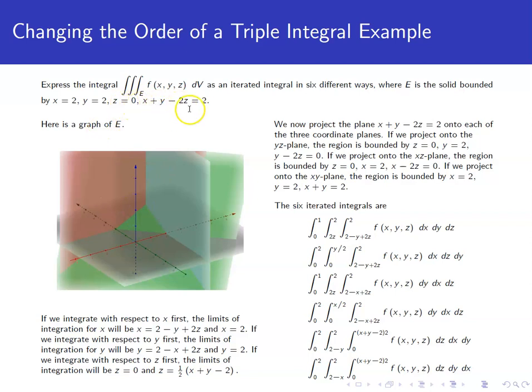The plane x plus y minus 2z equals 2 will cross your z-axis down at -1. So it's actually coming up and popping through the xy plane along this line, which is x plus y equals 2, and then comes through and hits these two planes over here and over here.